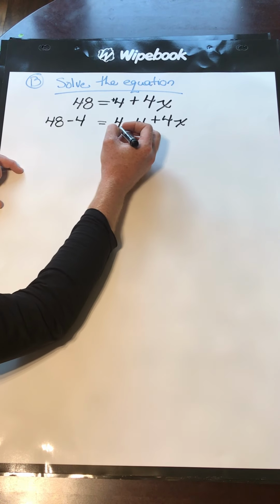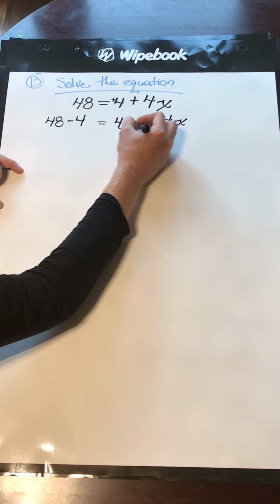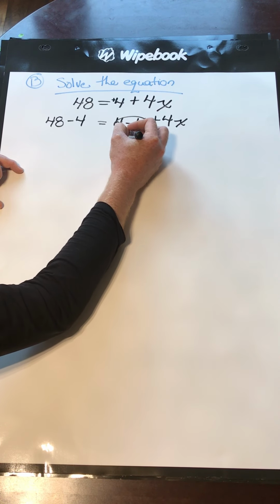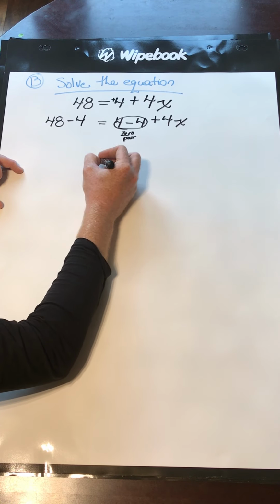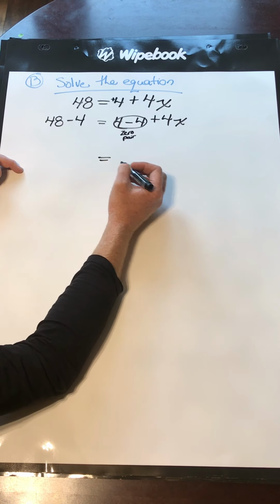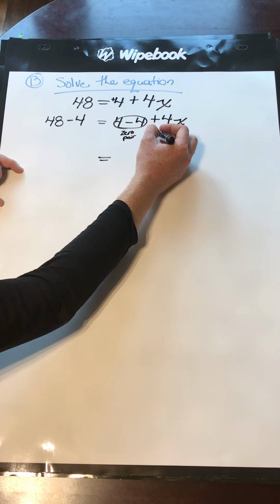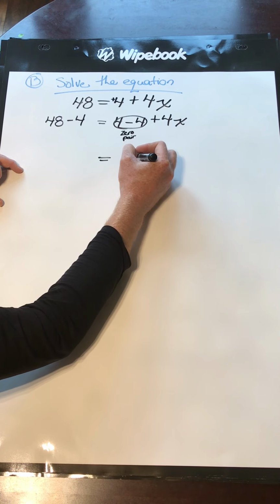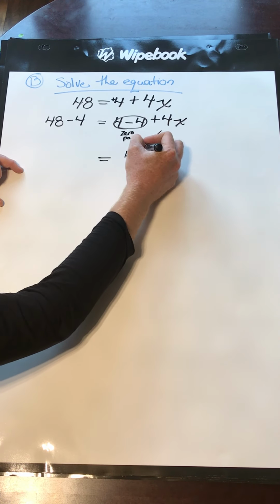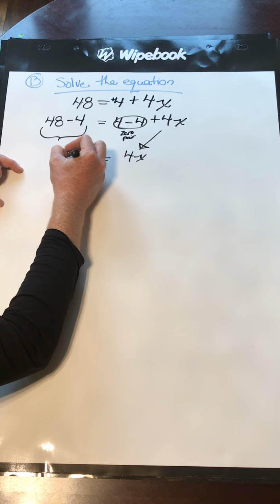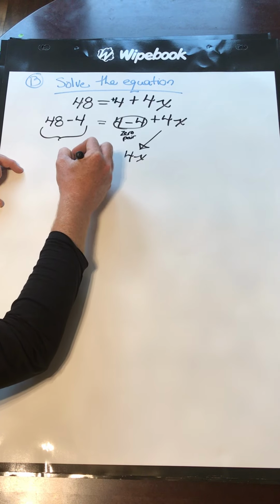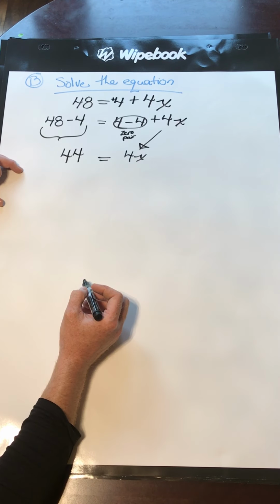And I see here that I've created a zero pair. Okay, so that's going to equal 0, so we don't write in the 0. Okay, so we just bring down the 4x. And on this side, we simplify as well, and I have 48 minus 4 is 44.